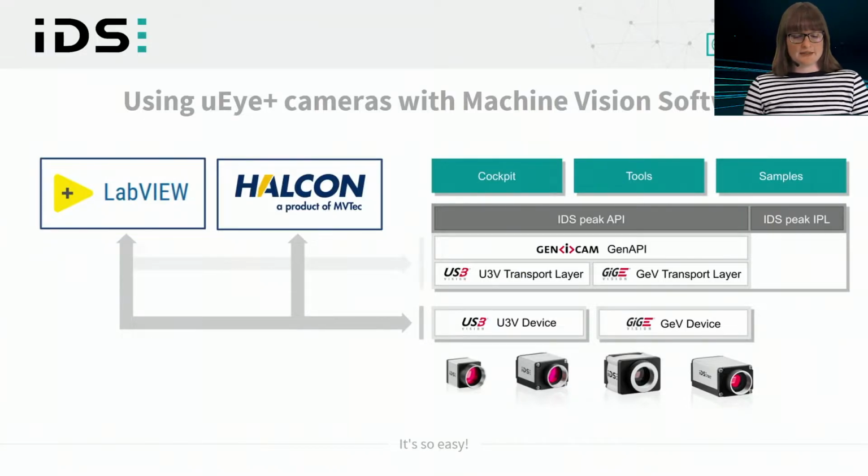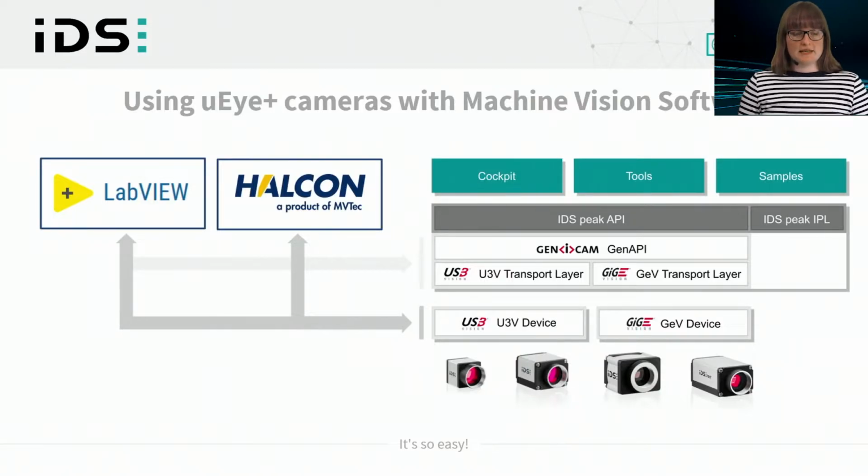Let's have a look at that graphic on the right side, from the bottom to the top. All of our UI+ cameras are compatible with the IDS-Peak API. That means the USB 3 and GigE Vision compliant cameras we offer. For those, we provide a respective firmware that is compatible with the vision standard and also the respective transport layer.